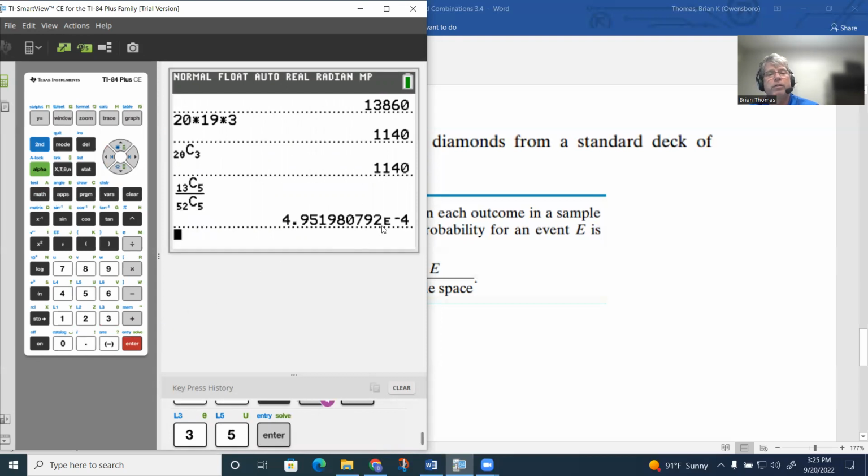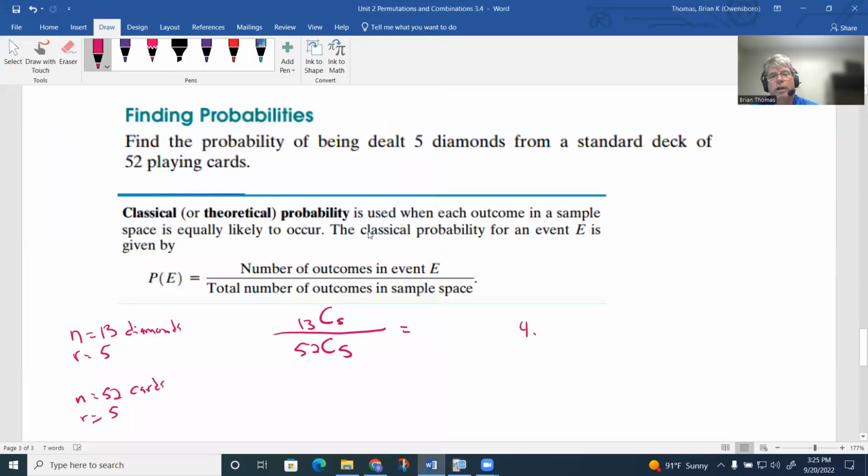So notice how we have to move the decimal 4 places to the left. So this is going to be a strange number. So let me see if I can put that down here. So we have this 4.95, and I think we have like e to the -4 over here. So if I move the decimal 4 places to the left, that means I have to put 4 zeros there.